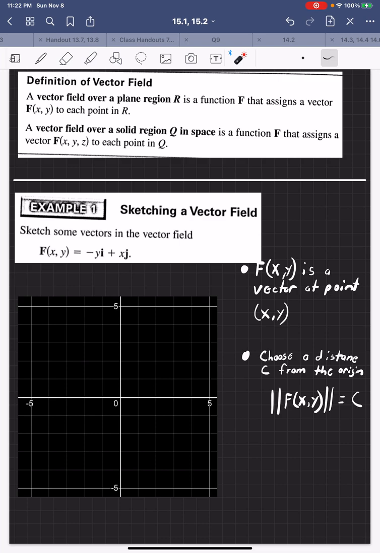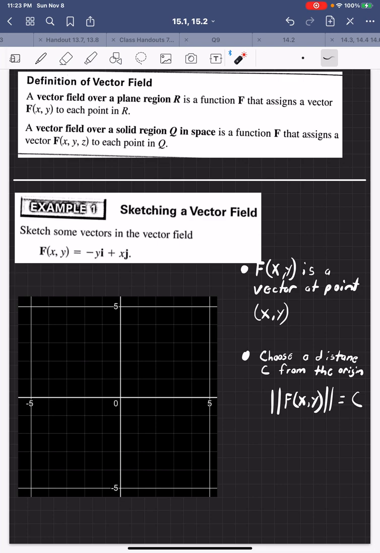I'm going to give you some steps here, but let's start with the understanding that f of xy is a function that assigns vectors to points. In other words, this is itself a vector. If I plug xy into this function, what comes back out is a vector.